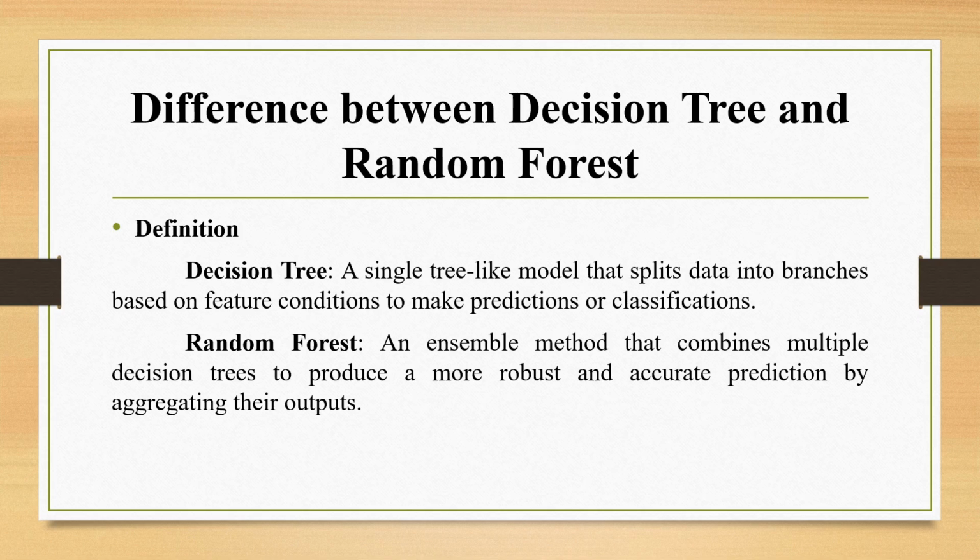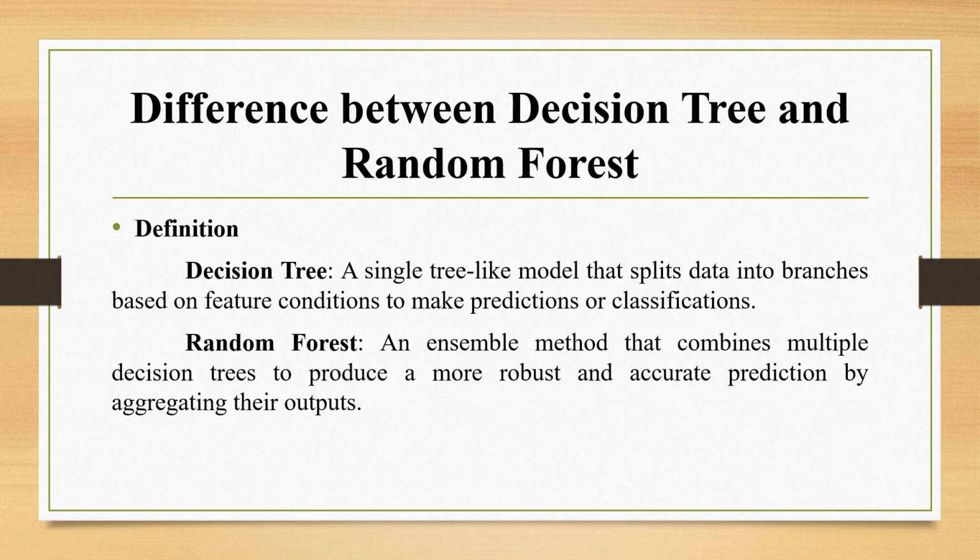In this slide, we are going to discuss the difference between decision tree and random forest. Initially, we start with the definitions of both. A decision tree is a single tree-like model that splits data into branches based on feature conditions to make predictions or classifications.